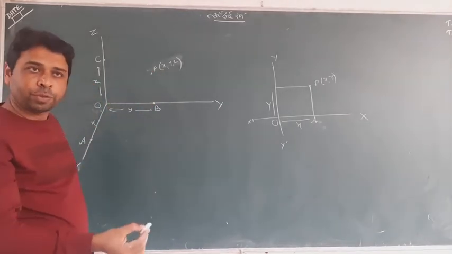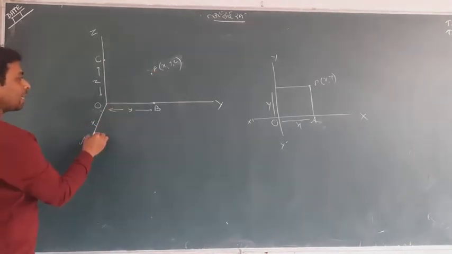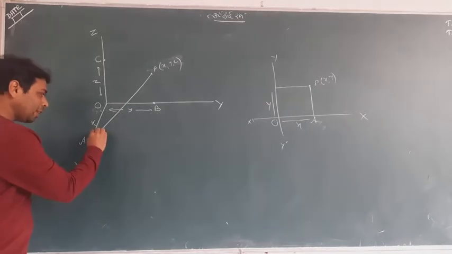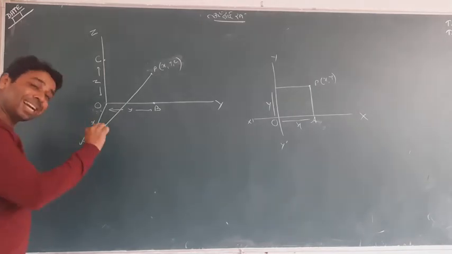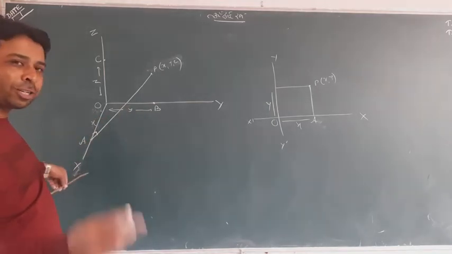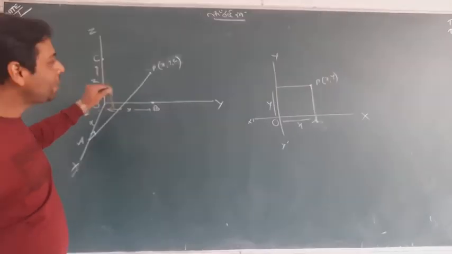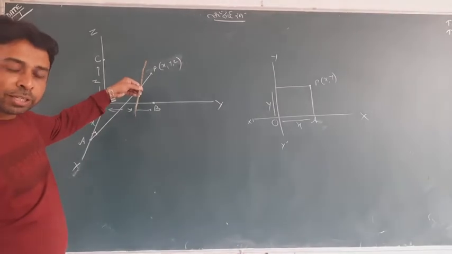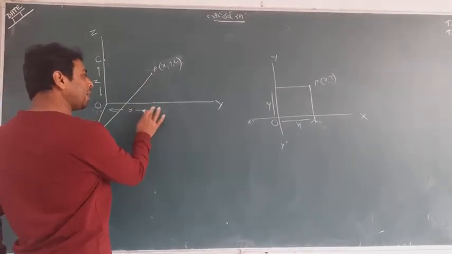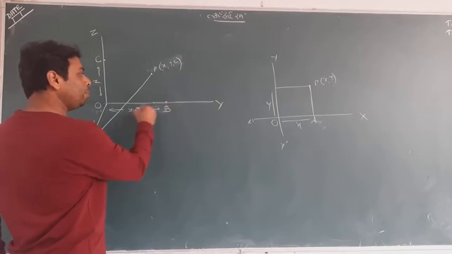Now see. So this is my point, this is my x-axis, and I will draw the perpendicular like that. It doesn't seem perpendicular, but it is actually perpendicular, because the x-axis is not here, x is actually like that. P is not here, P is in the first octant in the air. But okay, for a bit convenient condition, we take it like that. Now this is my B point.